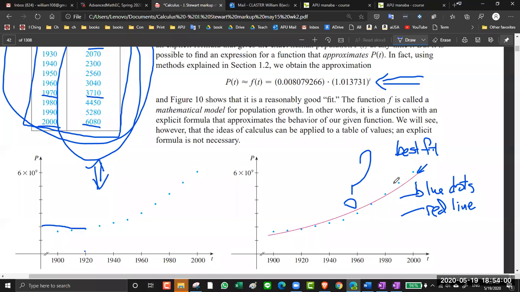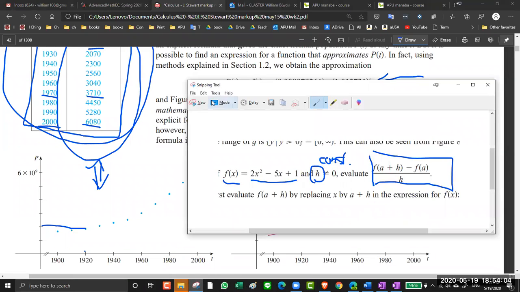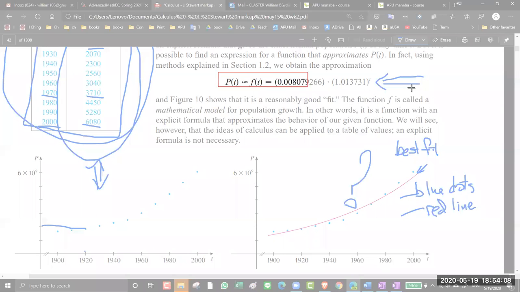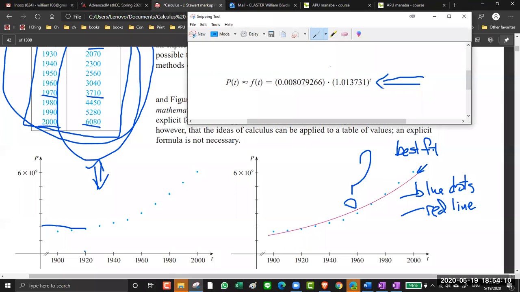Increasing function. Definitely increasing, that's true. What else? Exponential. What else can you say besides increasing?